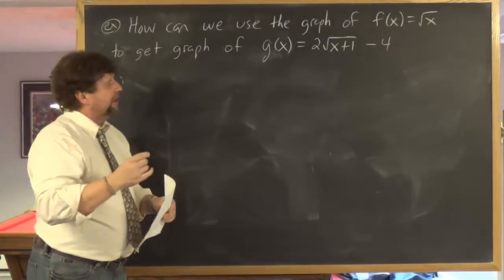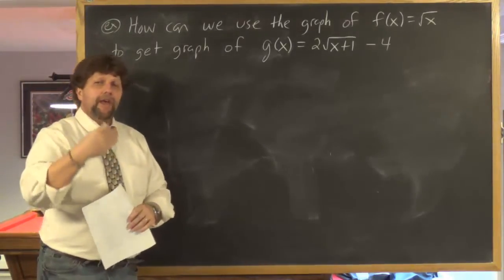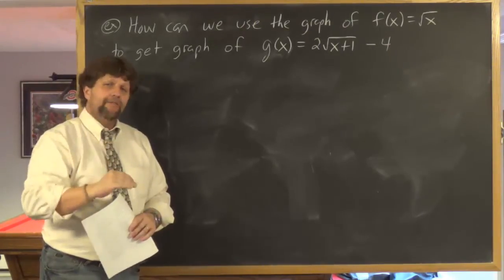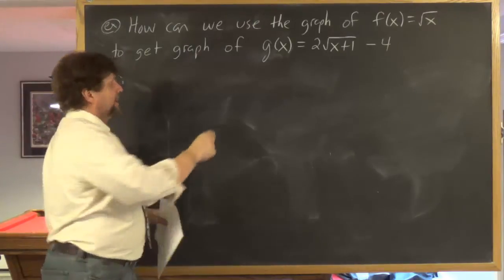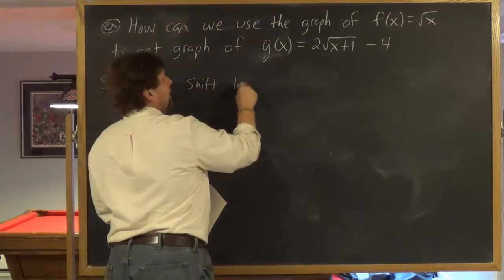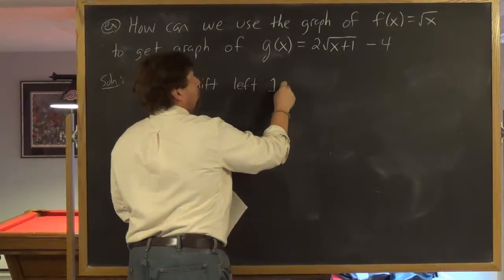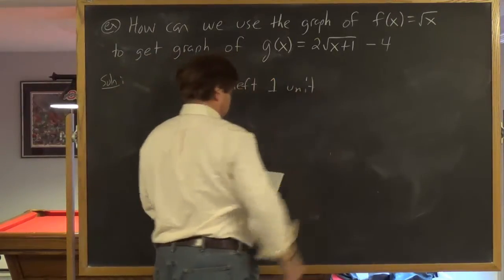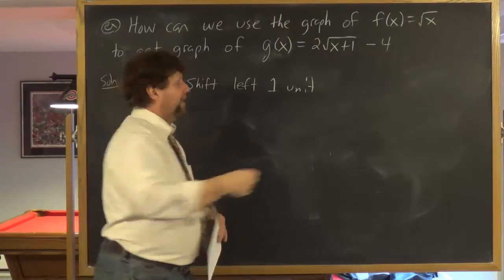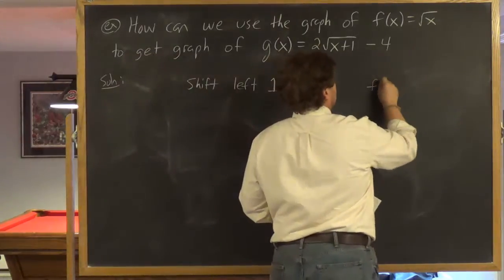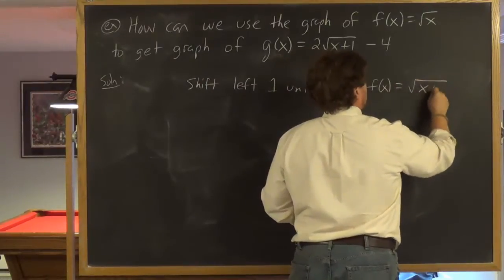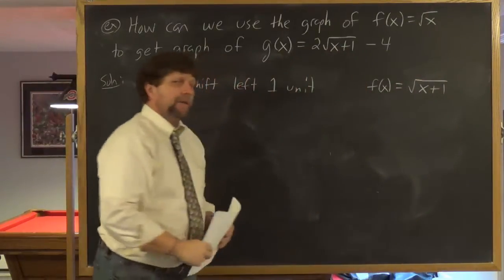First, I'm starting off with f of x equals square root of x. If I shift it to the left 1 unit, that is going to give me the graph of square root of (x plus 1).